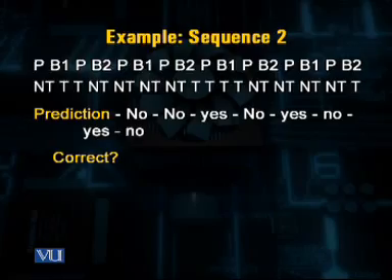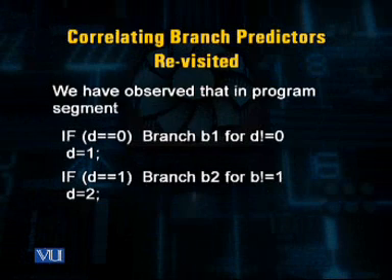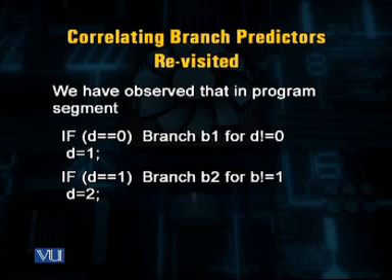Now, let us look at the performance and working of the correlating branch predictor, which we introduced last time. We have observed that in a program segment like the one shown here, the first statement is if D is equal to 0, then D is equal to 1, and the second branch corresponds to if D is equal to 1, then D is equal to 2.